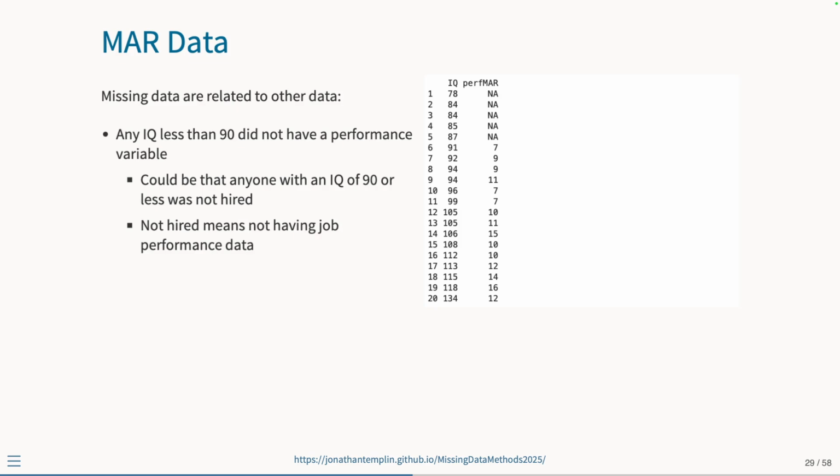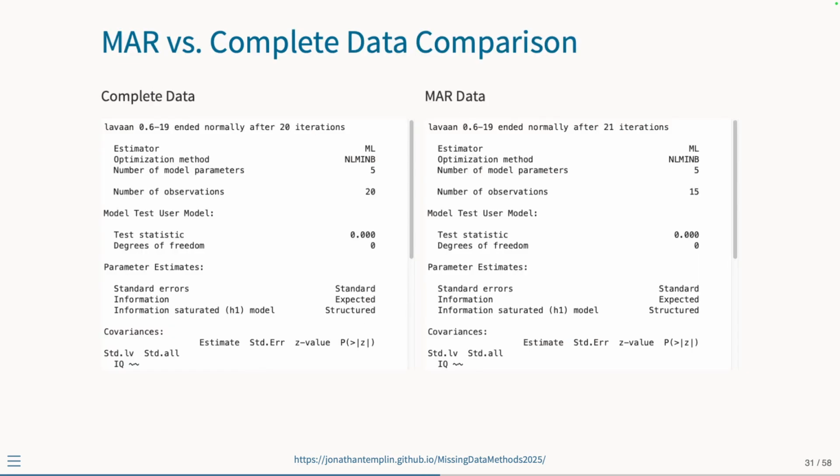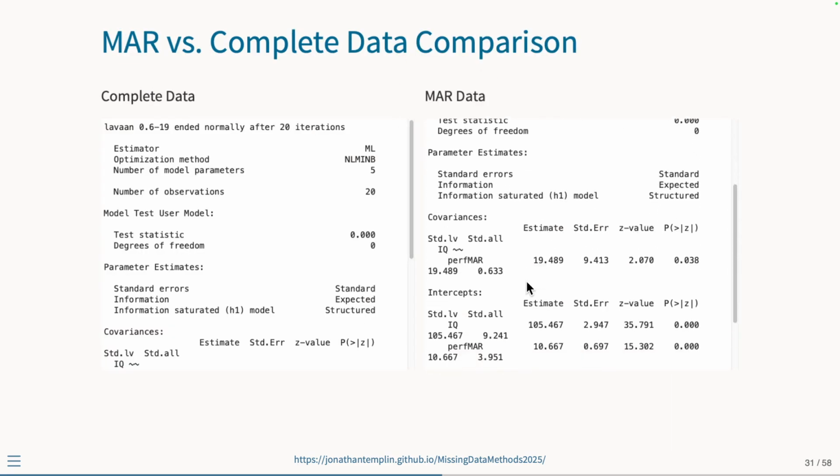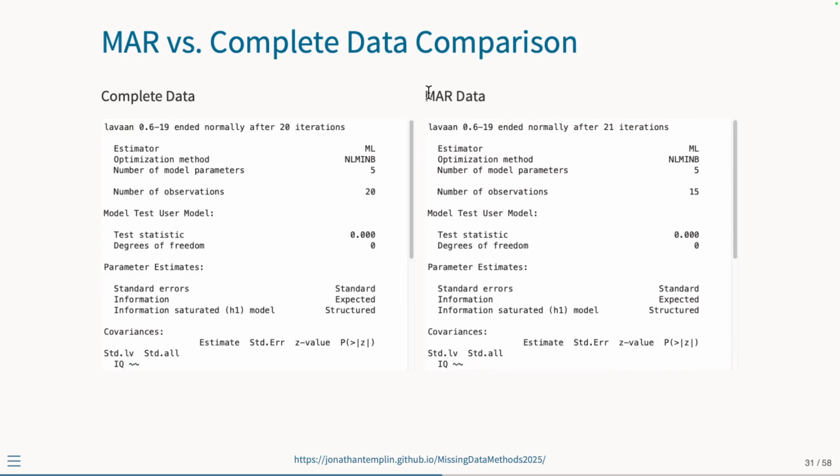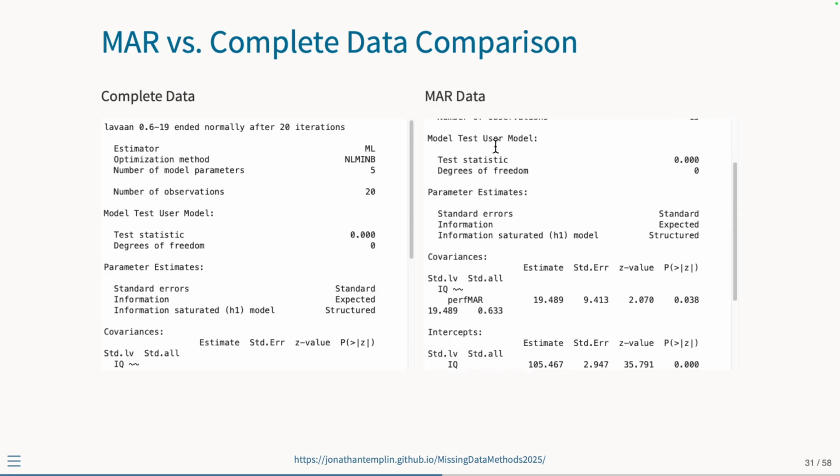So for instance, what I showed, the results here, this is MAR data right here. Why I specify this as a bivariate normal distribution and not X predicting Y is because in a bivariate normal distribution, both X and Y are in the likelihood function.